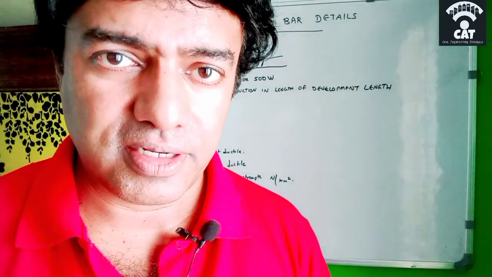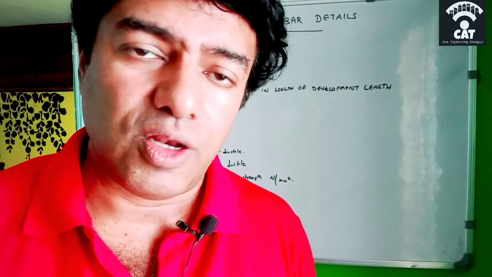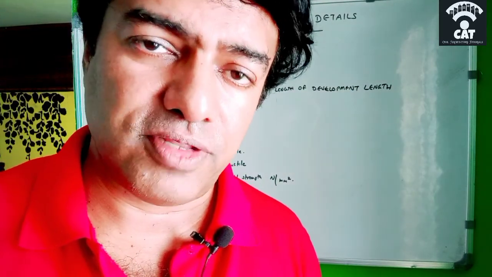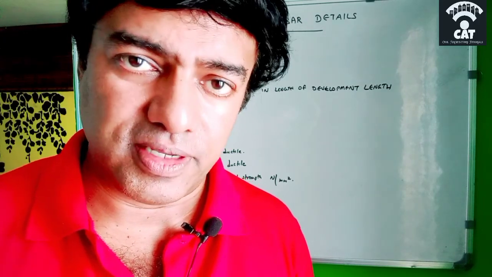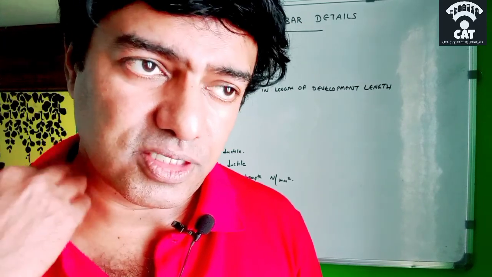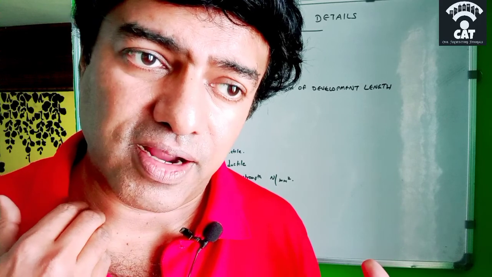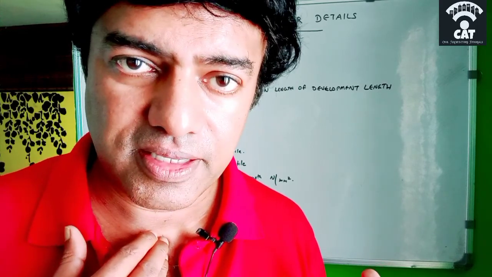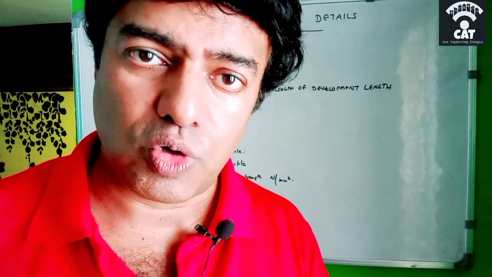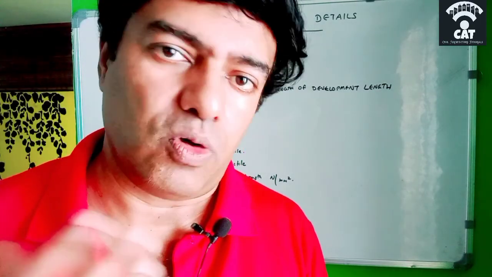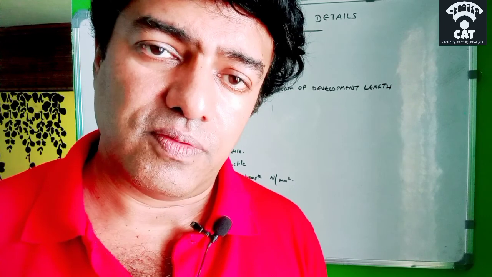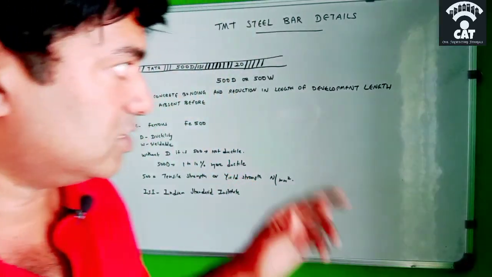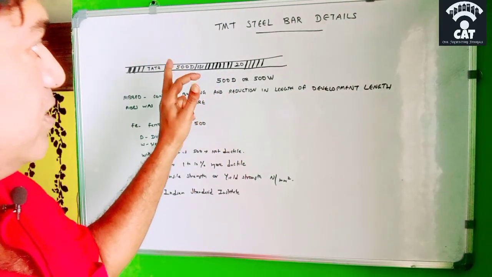Ductility is the workability or the elongation characteristic of the steel before it yields. If it is 500D, it has 1 to 10 percent more ductility than a steel rod which has only 500. So the ductility will be more compared to steel which has only 500. There is a difference: it could be 500 or 500D.